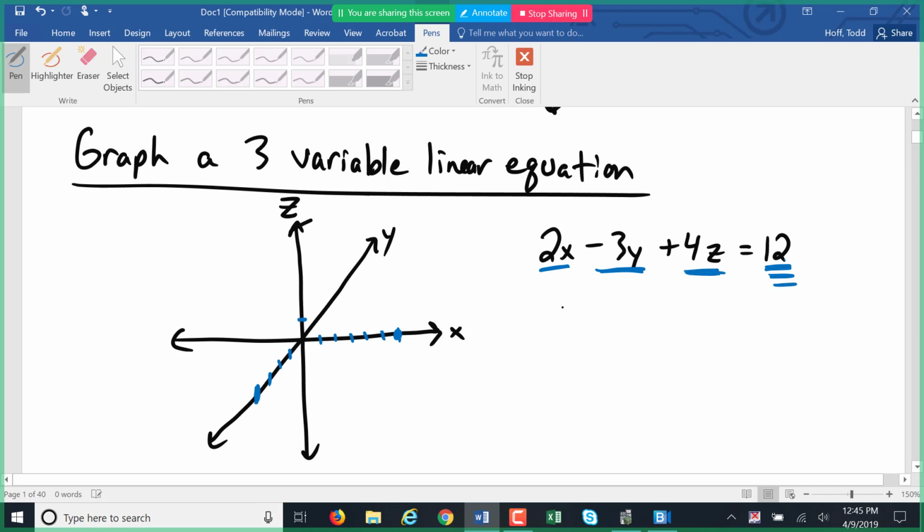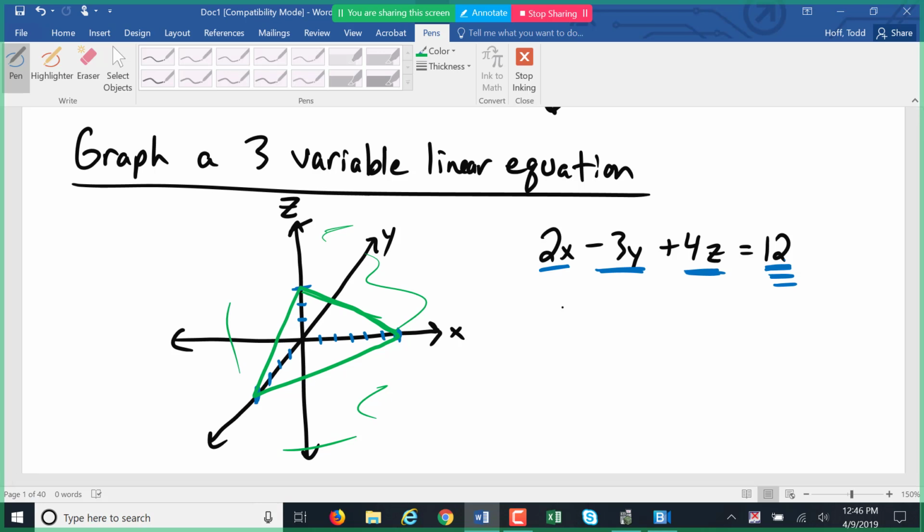So 12 divided by 4 is 3. That's the z-intercept. So our plane goes through those 3 points. And of course it extends out in all directions, but that triangle is the best way I know to illustrate that plane going through the graph.